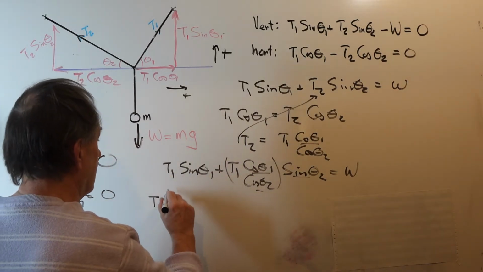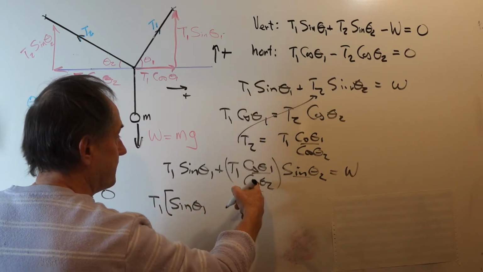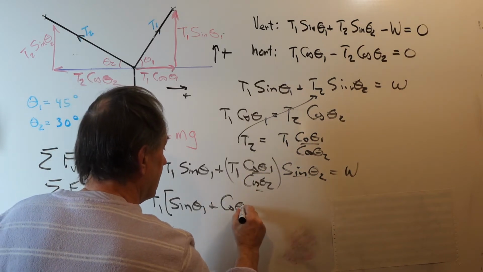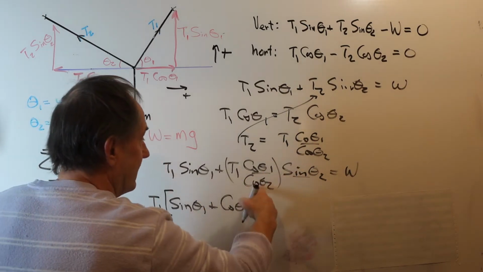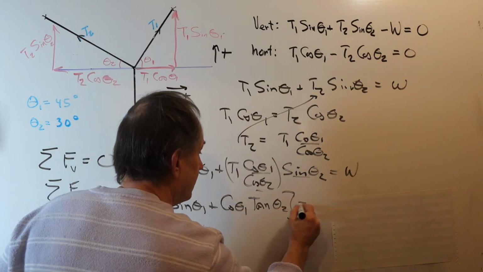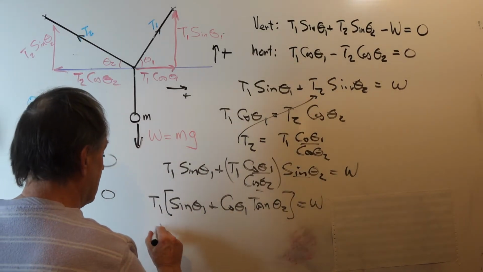So we have T1 times the sine of theta 1 plus the cosine of theta 1 times the tangent of theta 2, and that is equal to the weight. So we can now solve for the tension.